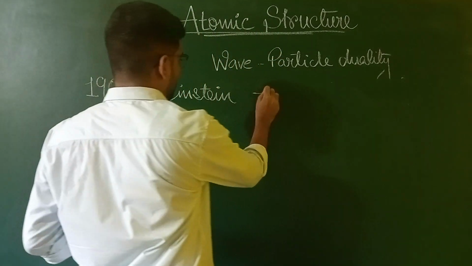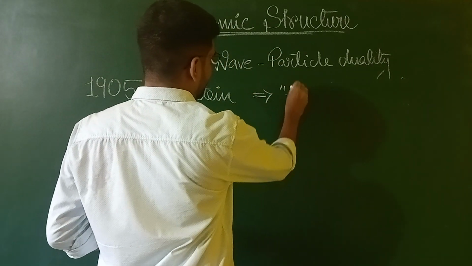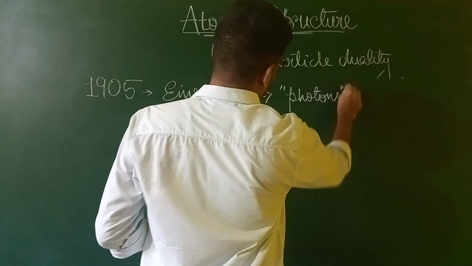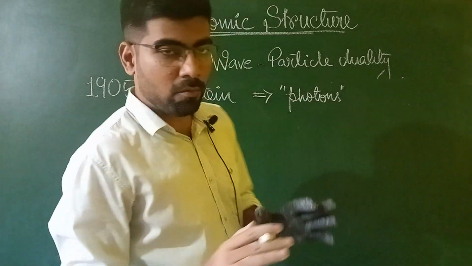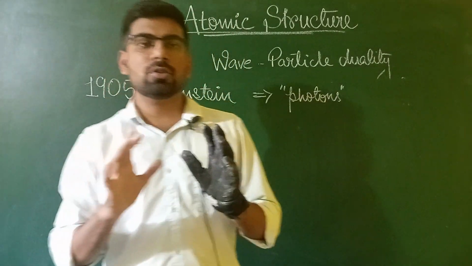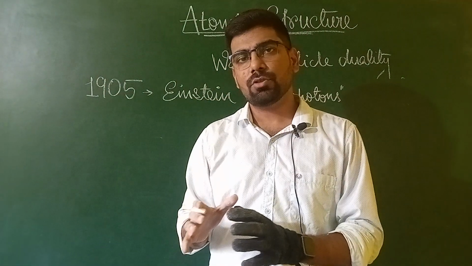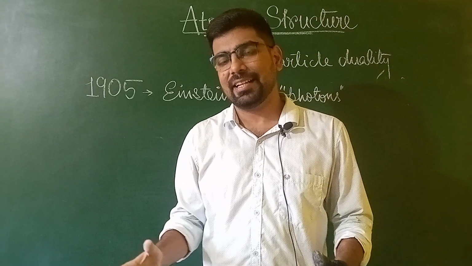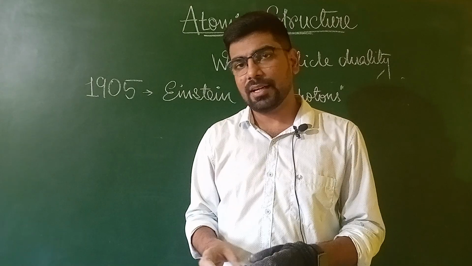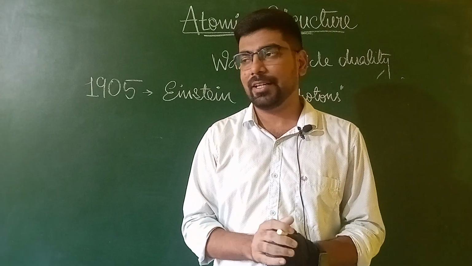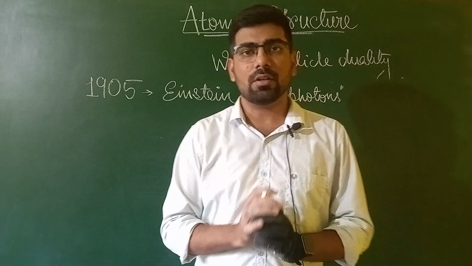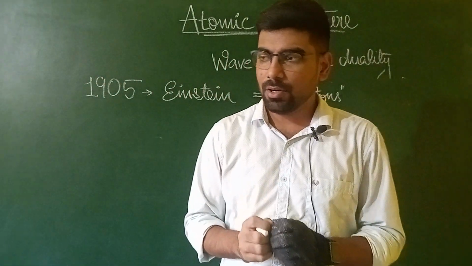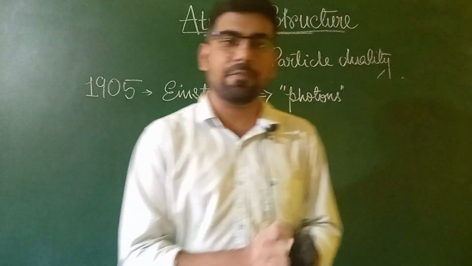He named the energy of light as photons. So whatever Planck had told, Einstein used this property for light, and he stated that light also contains particles or packets of energy, and he calls them photons. By this principle, Einstein could explain the photoelectric effect.